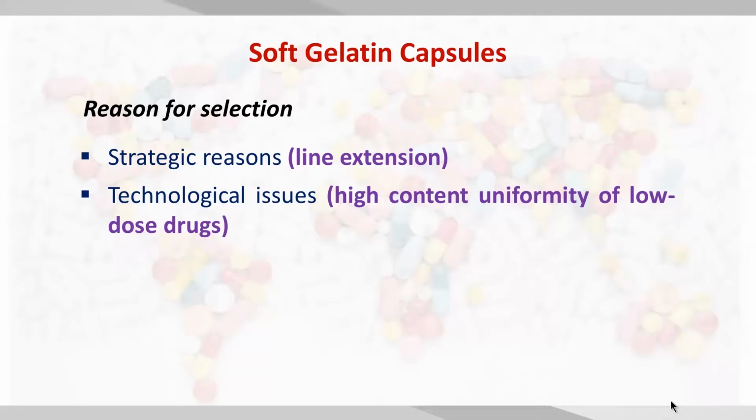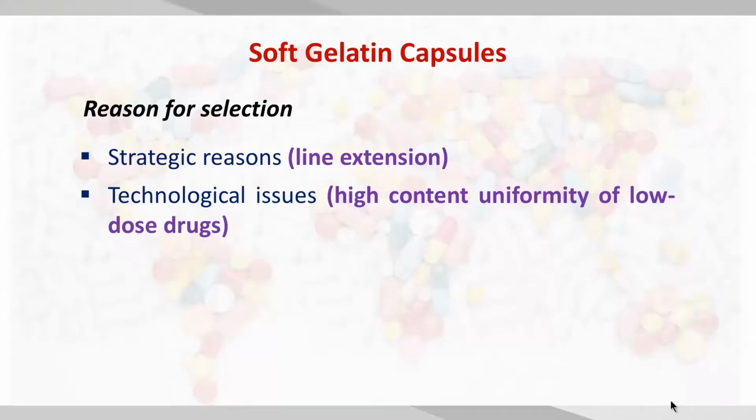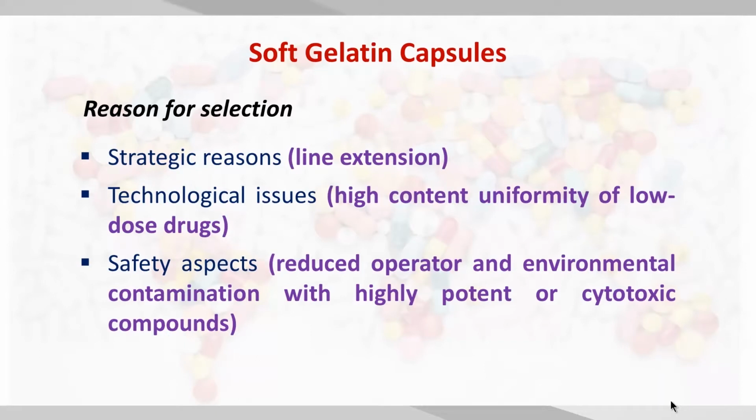The next reason could be technological issues like high content uniformity of low dose drugs. So, in case of such drugs or such APIs, when the dose is very low, we choose soft gelatin capsules for the formulation aspect. The third reason is safety aspect.